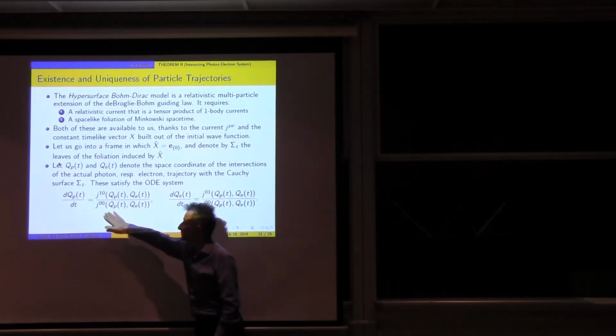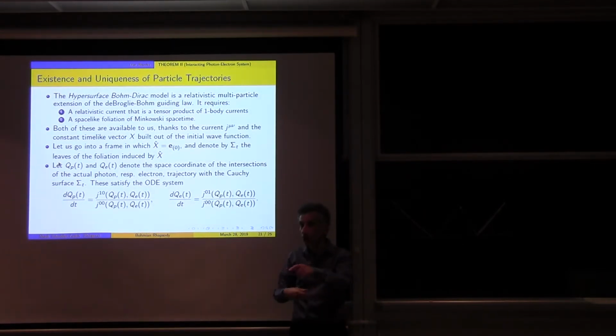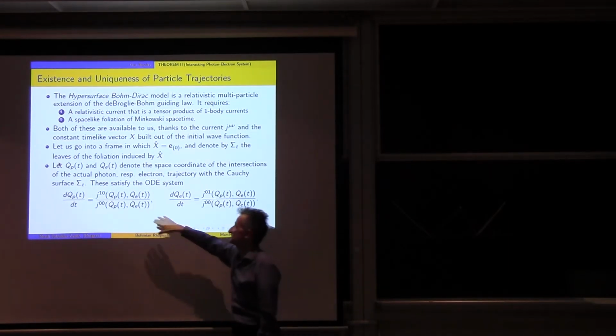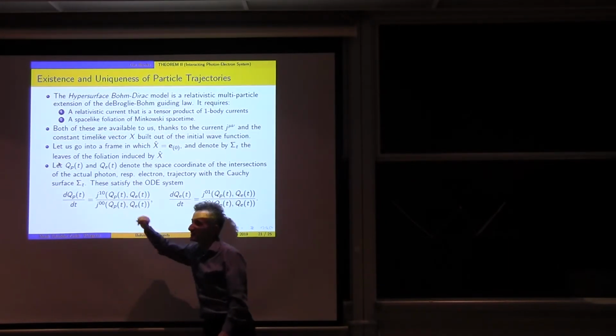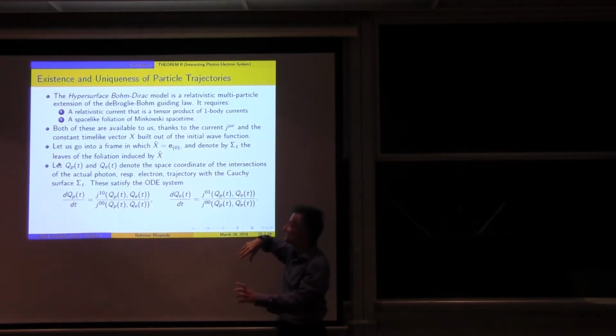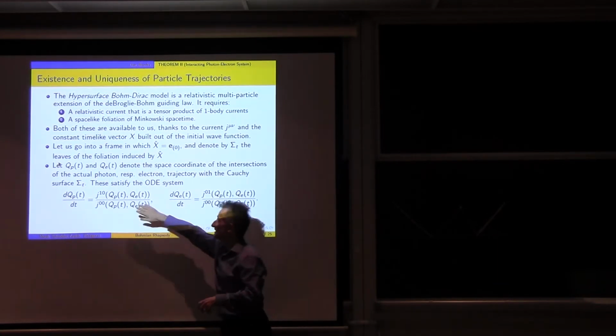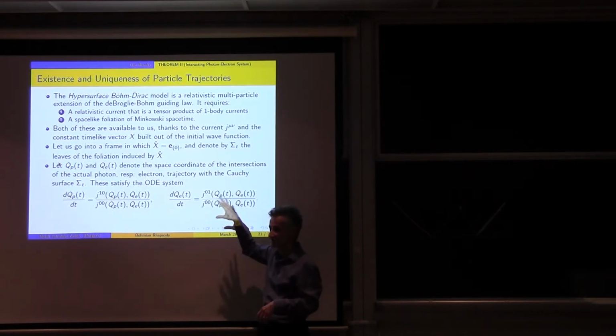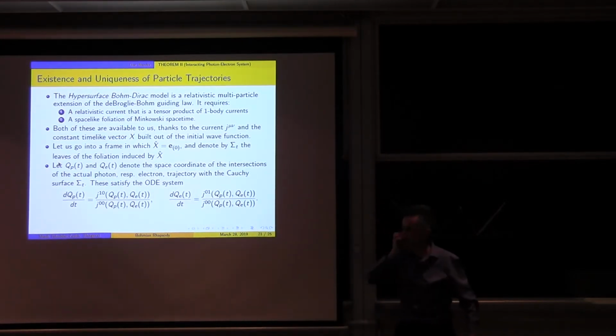So J^{00} in the denominator, we can think of as rho, and the one up here is the current, so the ratio is the velocity V. That is the other V. And the boundary condition is that when the two particles are at the same location, the difference between these two is 0. So they are the same.